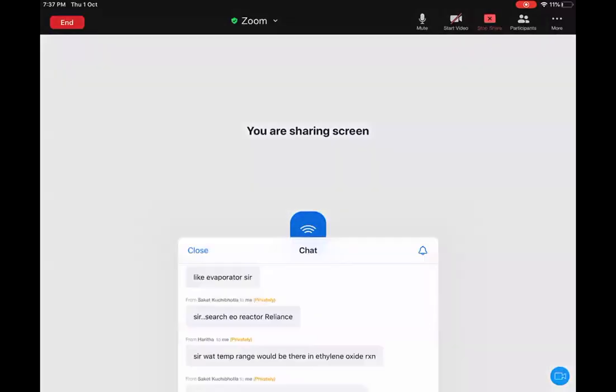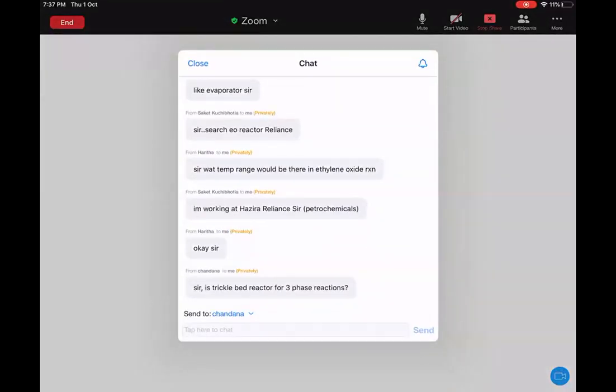So this is a variety of reactors. If you go to a refinery, you will see all sorts of these reactors. A single visit to a refinery will give you most of the reactors, except, let's say, slurry bubble reactors. In a refinery, hydrogen plant, you will see a reformer.